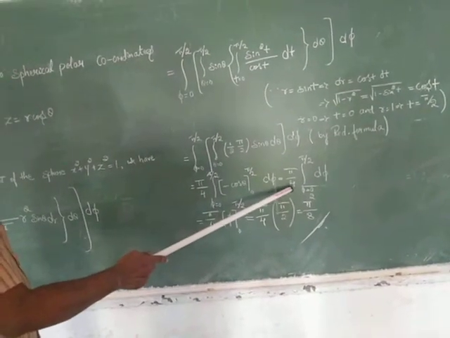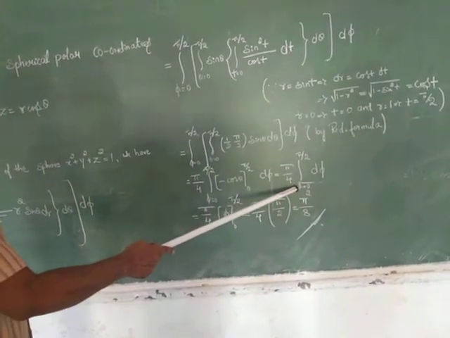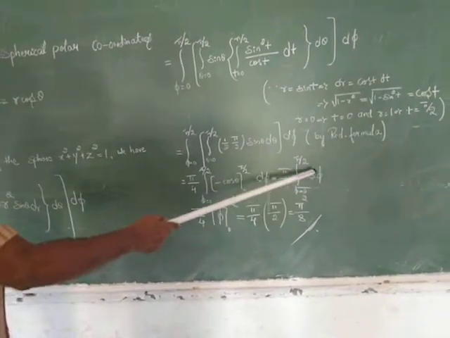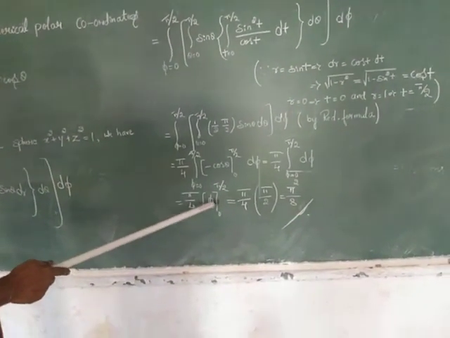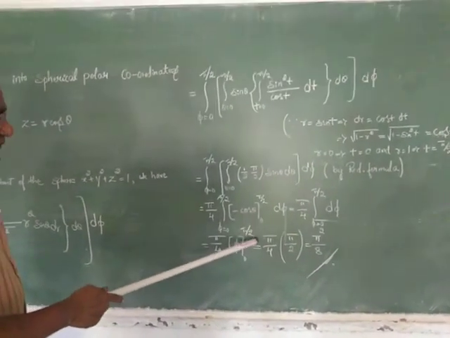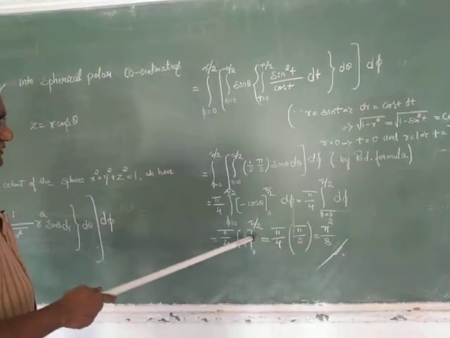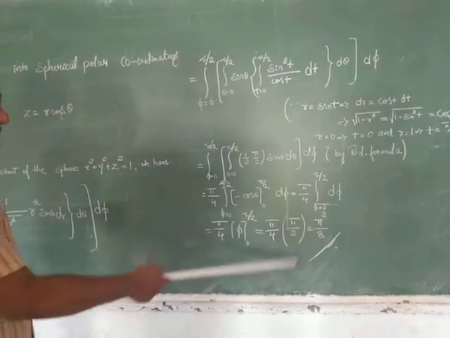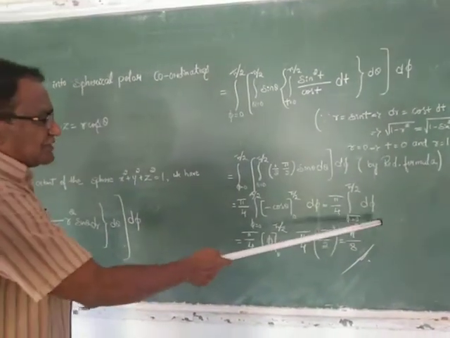Pi by 4, carry this as it is, integral from phi equal to 0 to pi by 2 of 1 into d phi, integration is phi. Pi by 4 into phi from 0 to pi by 2, substituting these limits, we get pi by 2 minus 0, which is nothing but pi by 2. Pi into pi is pi squared, 4 2s are 8.